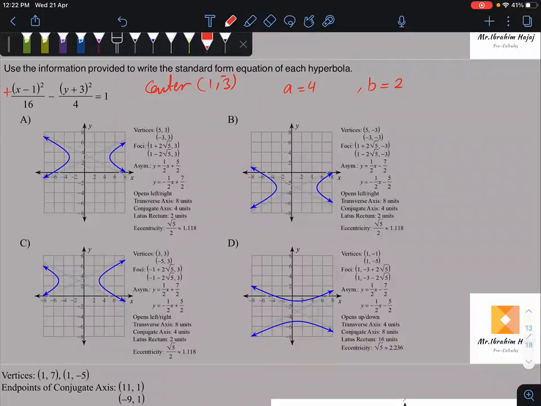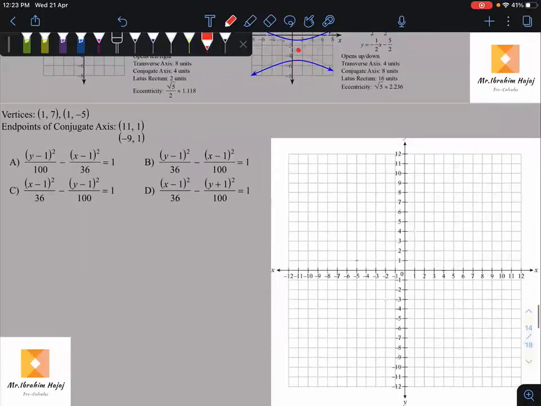So 1 and negative 3, it's not here. So either B or D. So 1 and negative 3 here, 1 and negative 3 here. Up or down or right or left. Simply it opens what here? Yes, up and down. Okay. Yes, next question.